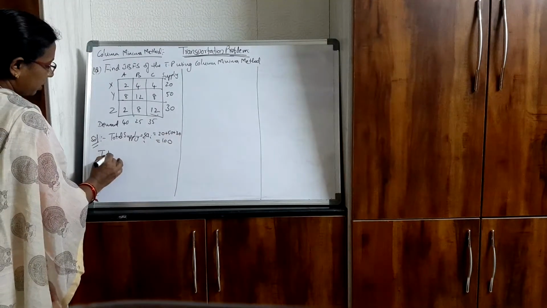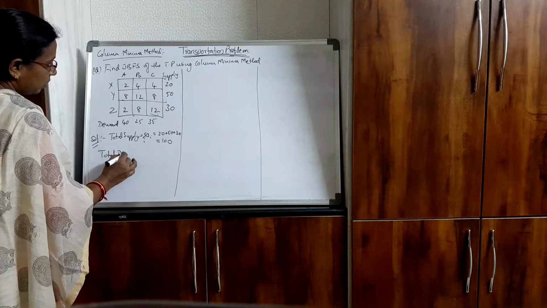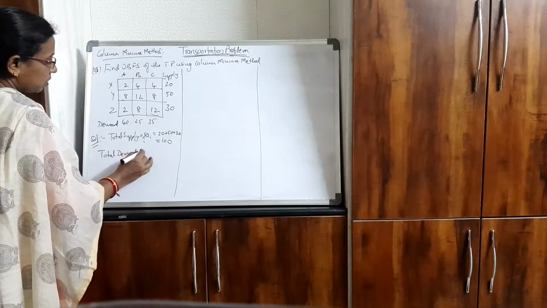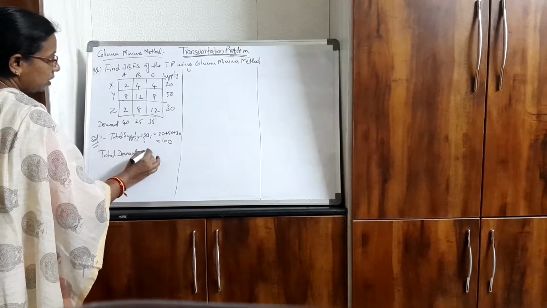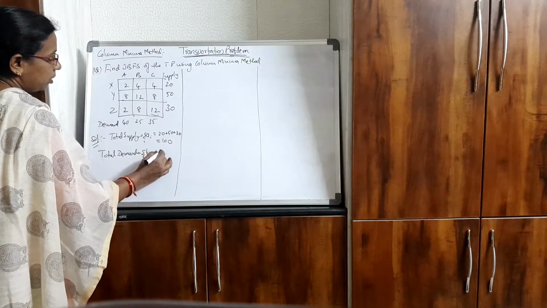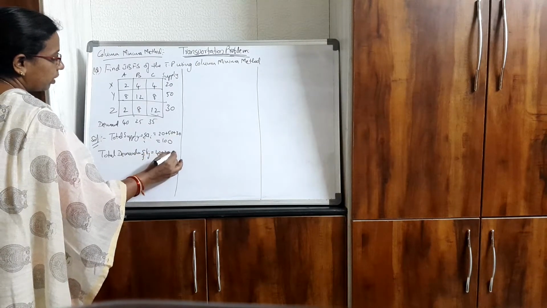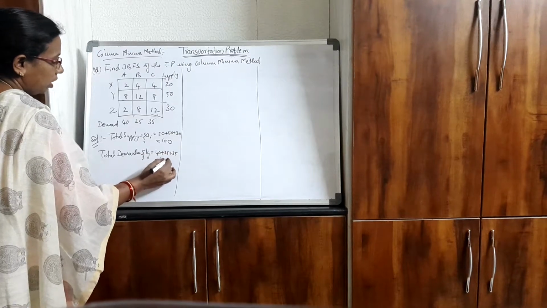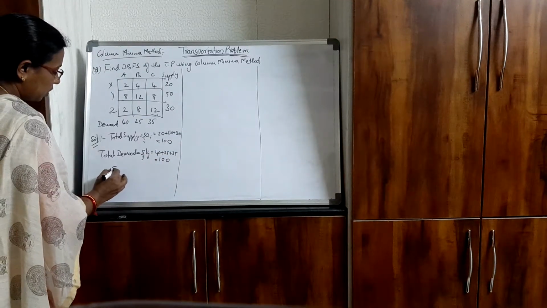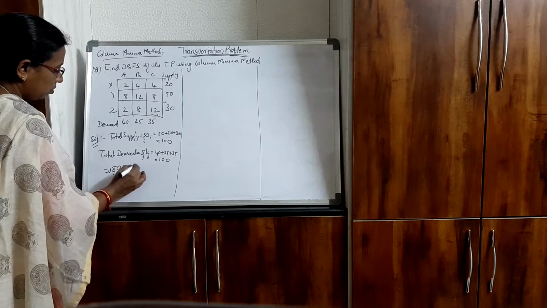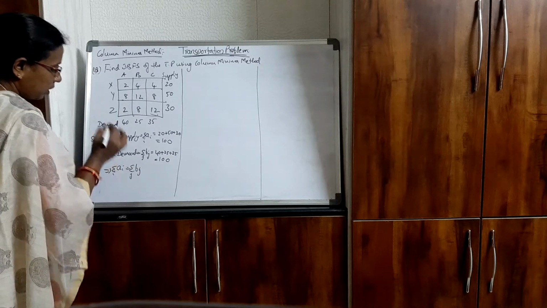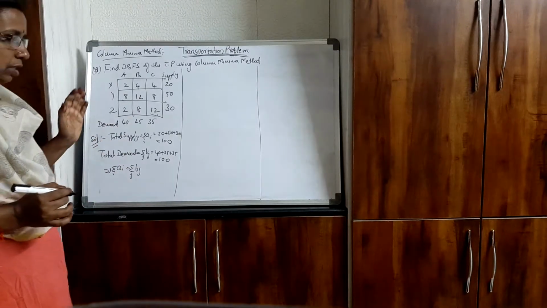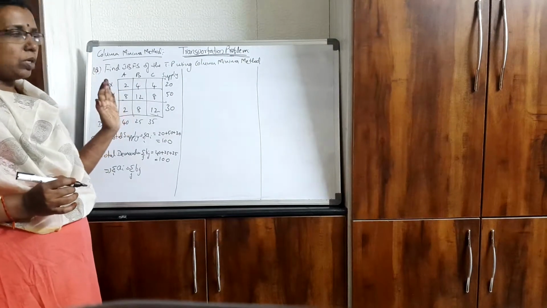Similarly, total demand, summation over j of Bj, is 40 plus 25 plus 35, which is again 100. So summation Ai equals summation Bj. That means total supply equals total demand, so it is a balanced transportation problem.